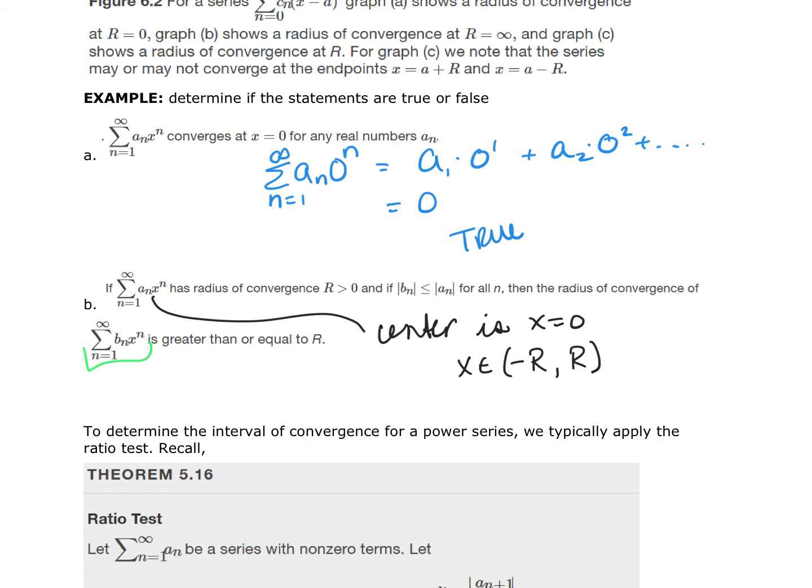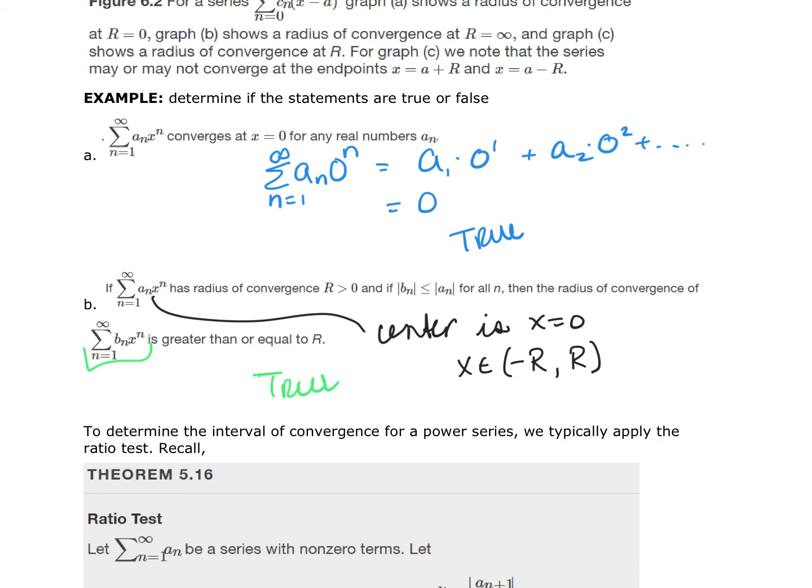So we think about when we first learned the comparison test or the limit comparison test or any of the ratio tests or anything that we learned in our previous chapter, that if the one above it converges, so must the one below it. Because my coefficients are smaller on my second series, and my first series converges, that means my second series will converge. So this is true.